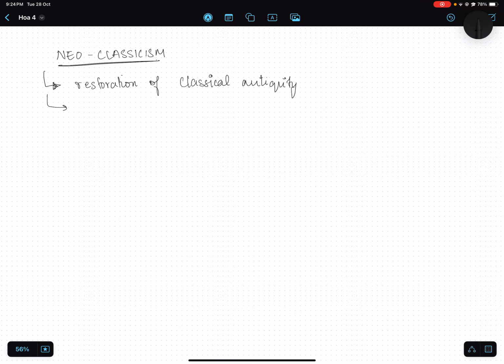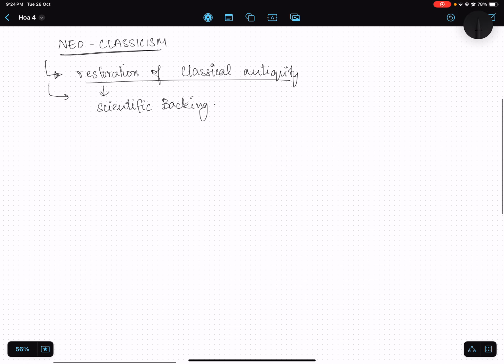And now it had a lot of scientific backing as well. And this was not just particular to a certain country or a certain region. It was an international movement.